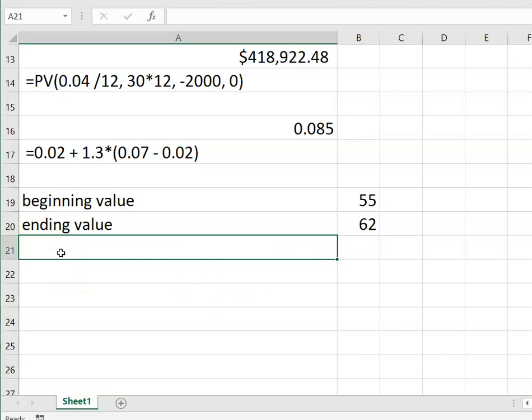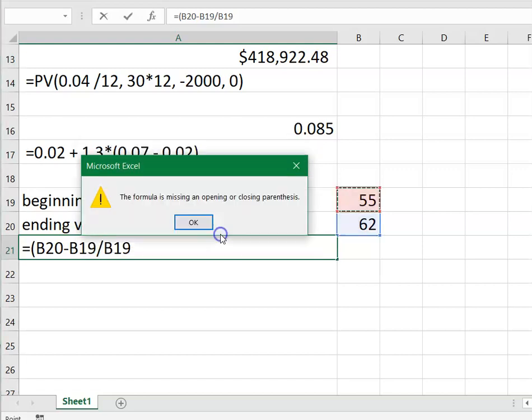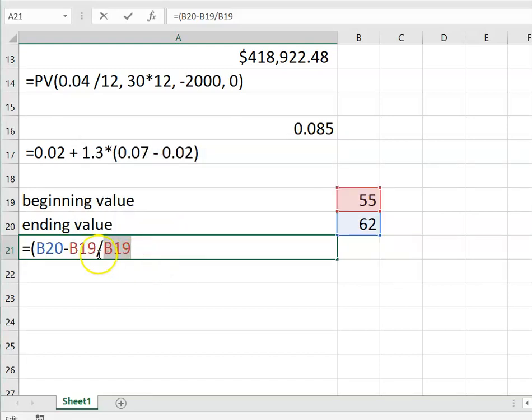Our holding period return then is equal to the ending value, 62, minus the beginning period, 55. So that's how much money we made, divided by what we started with. And they found a typo. I forgot the missing parentheses.